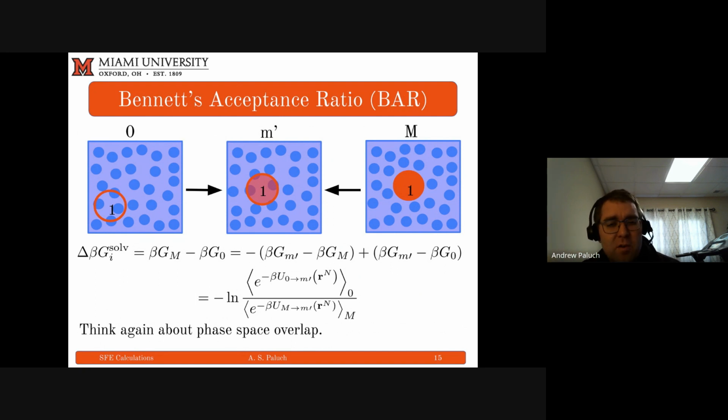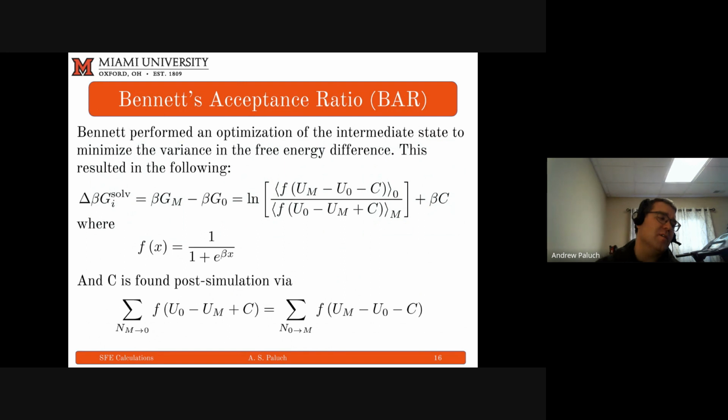And could I find the optimal value of m prime scaling so that I optimize the phase space overlap between those neighboring states? The idea behind optimizing phase space overlap is that you're going to minimize the uncertainty in your estimate. Why? Because more of those configurations that you're generating or sampling in your reference state are actually going to be of importance for your target state.